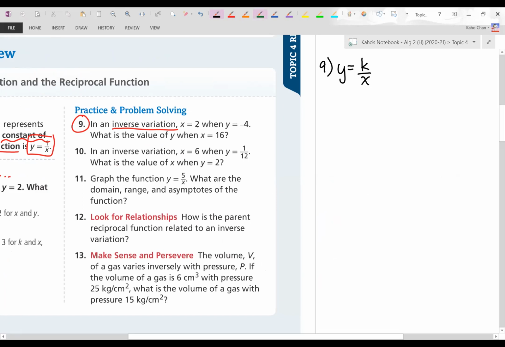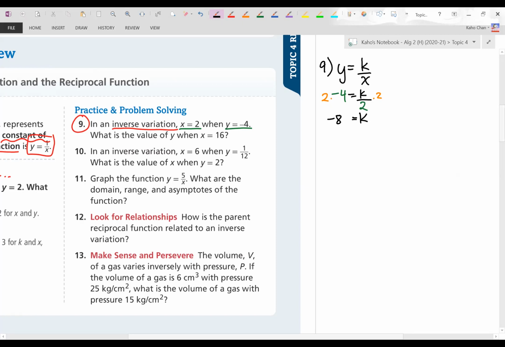Take that information and plug it into the equation and solve for k. k divided by 2 equals -4. Move the 2 to the other side by multiplying by 2. Oh, cool. k equals, of course, -8. My constant of variation is -8.